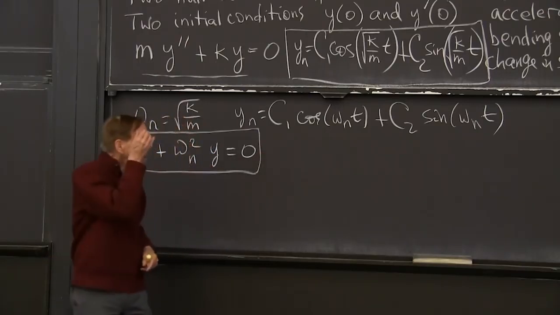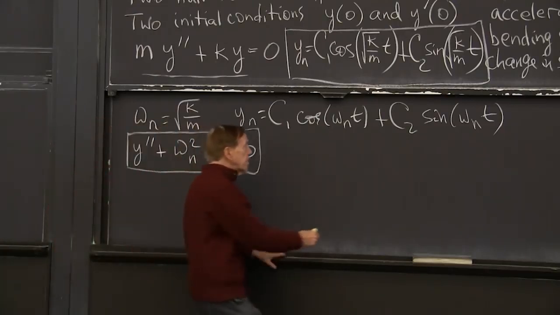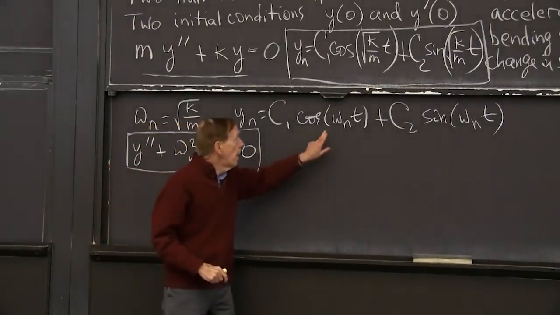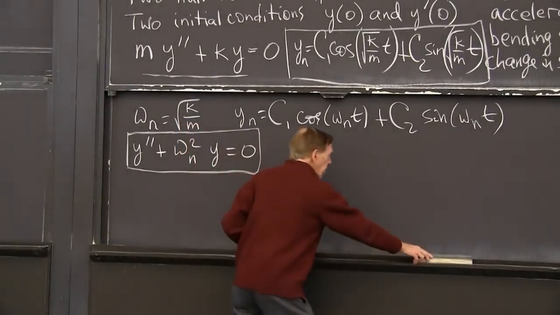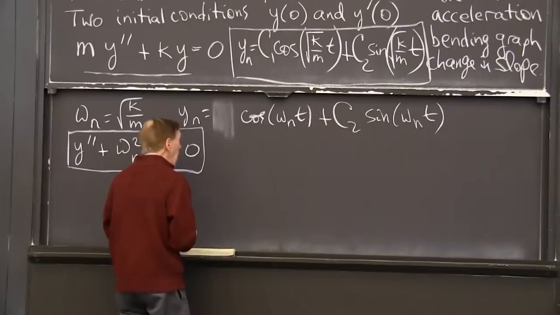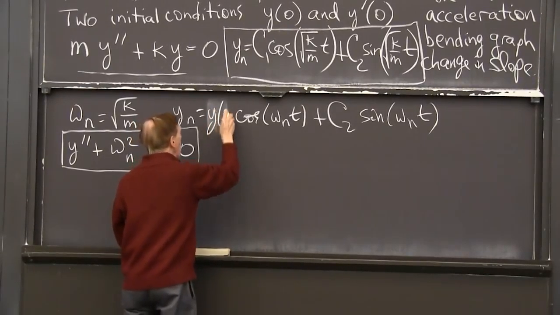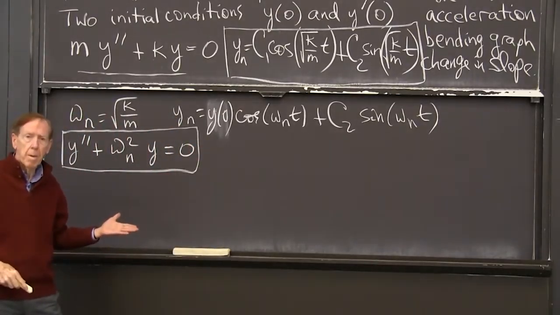At t equals 0, so I'm plugging in t equals 0. At t equals 0, that's 0. Forget the sign. This is 1. So I discover that C1 should be y of 0. Simple. C1 is y of 0. Because that gives me the right answer at t equals 0.